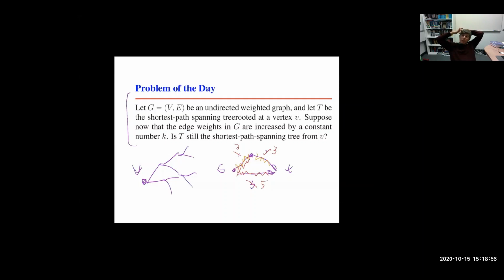What about a minimum spanning tree? If we took a graph and we add the same amount to every edge in the graph, does the minimum spanning tree change? The cost of the minimum spanning tree will presumably change, but the question is, does the tree itself change? If I had what was a minimum spanning tree, is it still a minimum spanning tree?